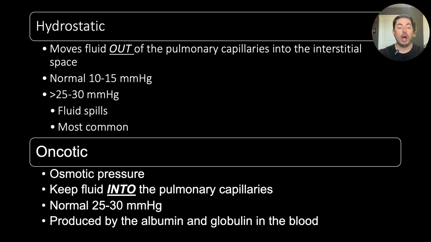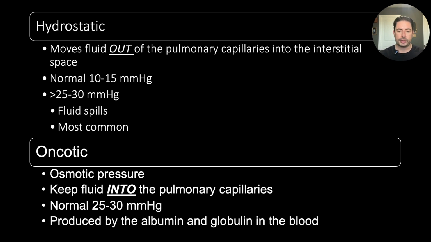When we look at oncotic pressure, this comes from osmotic pressure. Oncotic and osmotic pressure are synonymous. They're the same thing. What oncotic pressure is doing is trying to keep fluid in the capillaries, and keep everything the way it's supposed to be.